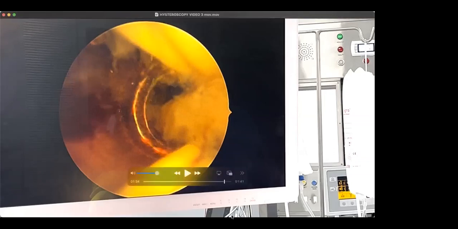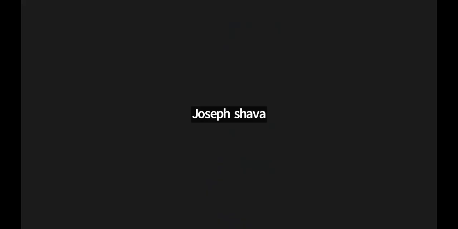I've got still photos of those showing the ostia. Yes, because it's very easy to create a false tract, particularly in a patient who has a lot of activity like the one you were showing, that it's not very clear. You can actually be in a false tract. So you need to show. The first thing you do when you get in is to identify the ostia, and then you say, here's the ostia, the rest is pathology.